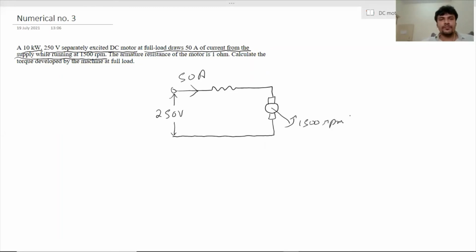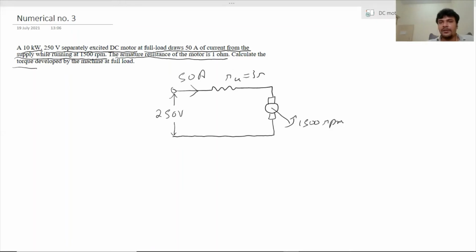Good. Now the second line says that the armature resistance of the motor is 1 ohm. So here RA is 1 ohm. Then calculate the torque developed by the machine. So here we are asking for the torque. What is the torque developed by the motor?